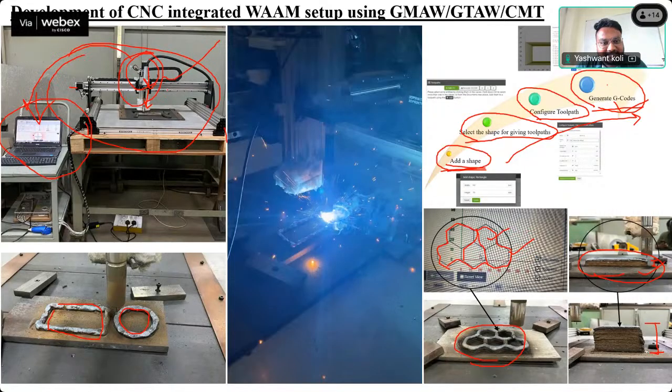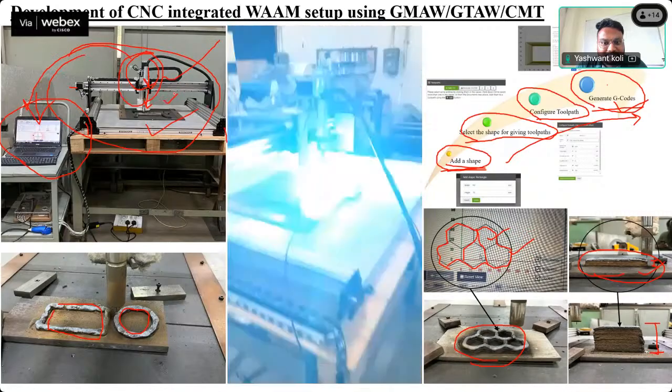The process will change, but the dimensional accuracy will be attained as per this CNC setup. In this, we have dimensional accuracy of almost 0.2 to 0.1 mm, which is very good compared to other AM processes.